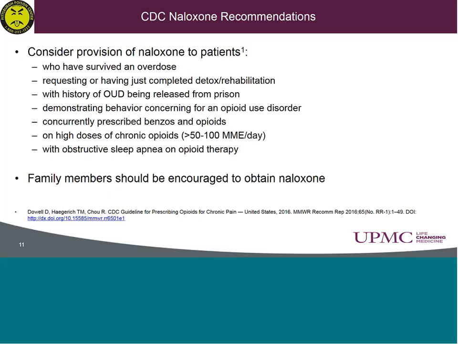So if somebody has gone through an abstinence-based rehabilitation program, for instance, or the next bullet being coming out of prison and they haven't been using, they're particularly high risk. And even those seeking detox or rehabilitation, we know that recurrence of use is going to be most likely early on. Making sure that those folks have the added security of naloxone is important.